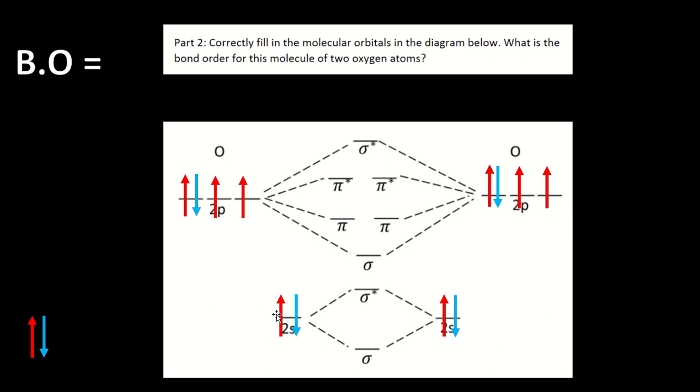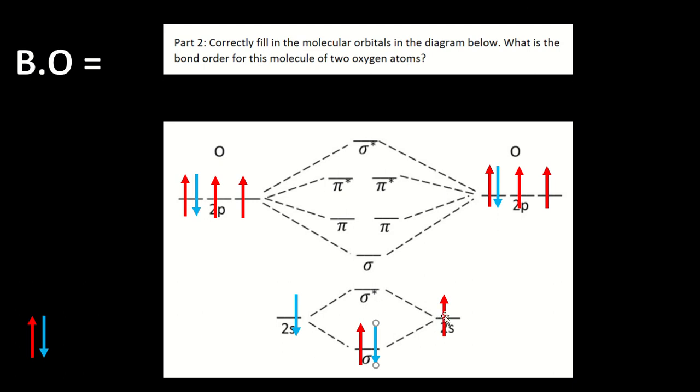our way upwards. Well, the 2s atomic orbitals from both oxygens have in total 4 electrons. So let's take a spin upwards electron and a spin downwards electron to fill the first sigma molecular orbital.